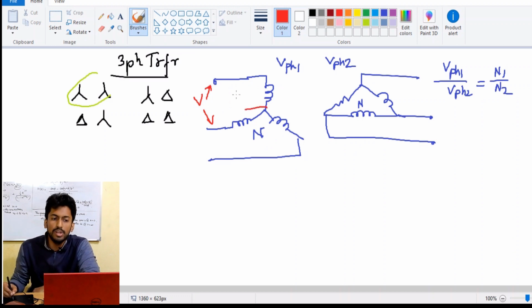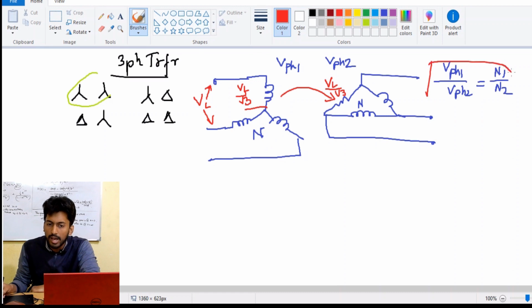In case of star, we know that it will be stepped down to the phase by a factor of √3. Then this will be my phase voltage for the star connection, and this voltage will be transferred to the phase of the secondary. So the phase voltage of this will be VL by √3. According to this formula, the output phase voltage will be equal to VL by √3.